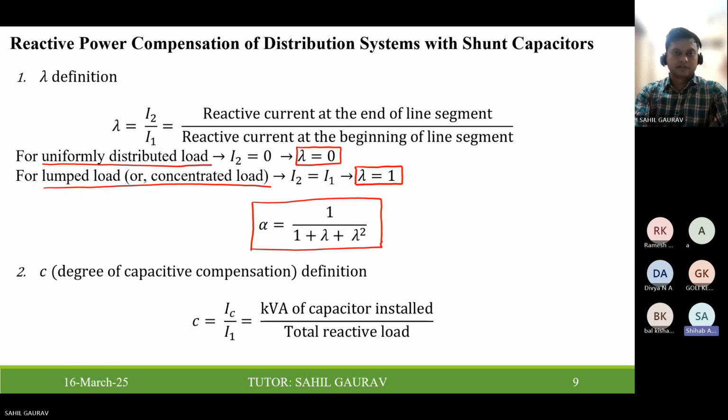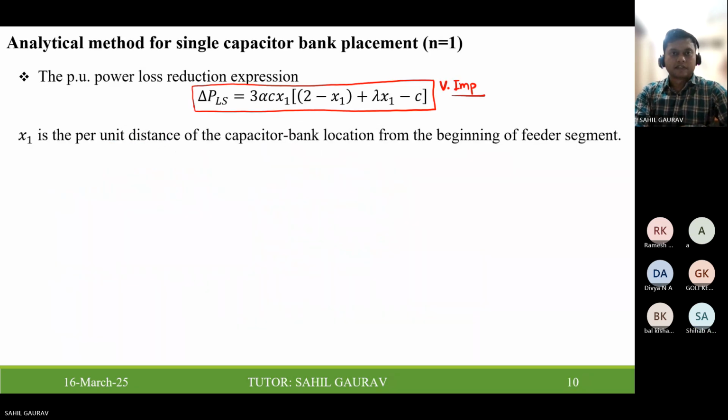Okay, sir. You have to remember this: for uniformly distributed load, I2 is equal to 0. Is this expression true for both uniformly distributed load and lumped or concentrated load?